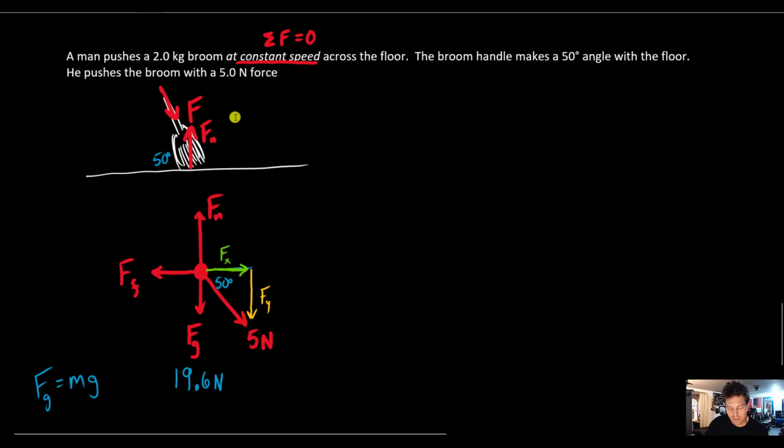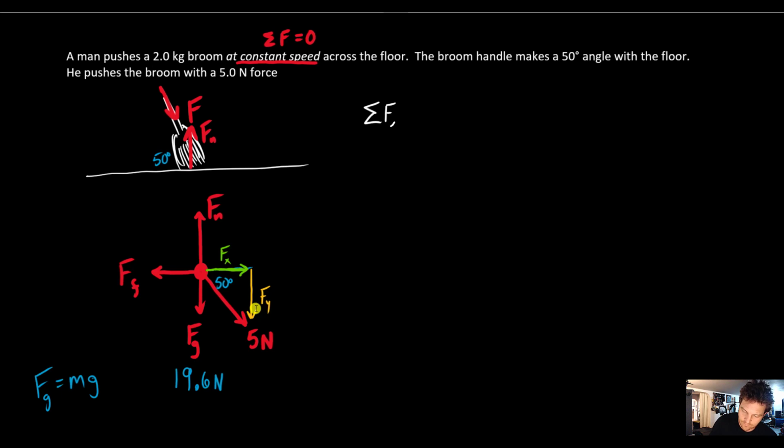Okay, so remember, I can't use this force that's at an angle. I need to figure out what the components are so I can actually use my Newton's second law equation. So let's do the x direction. We know the net force is equal to 0, right? There's no acceleration happening here. So now I'm going to net all of my x direction forces. Well, I have the push here in the x direction, right?